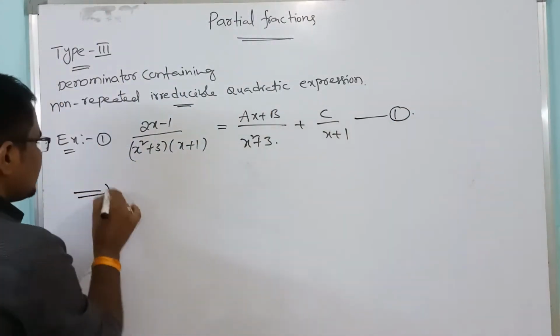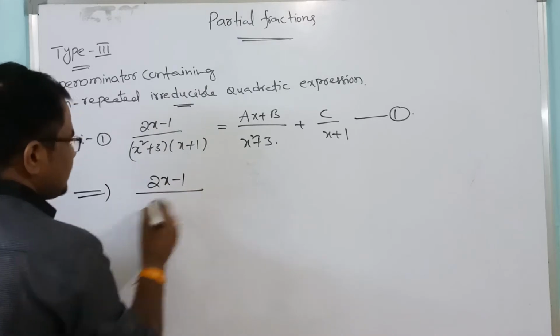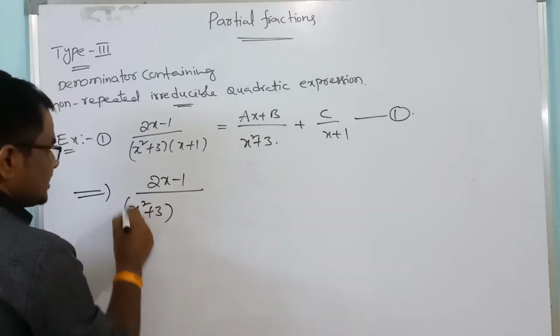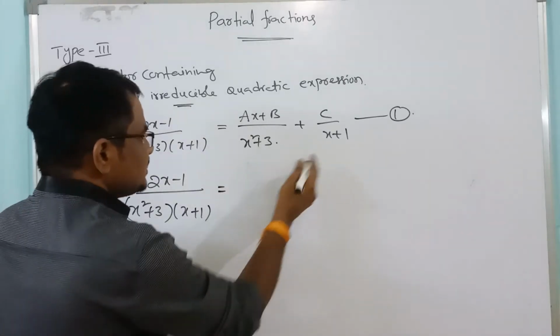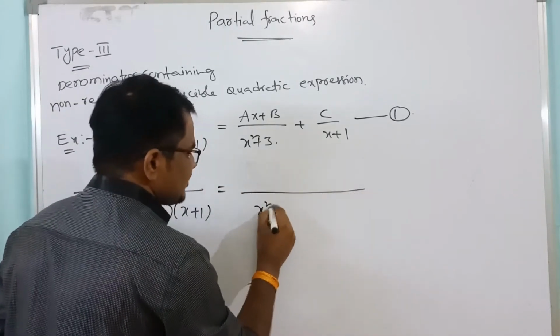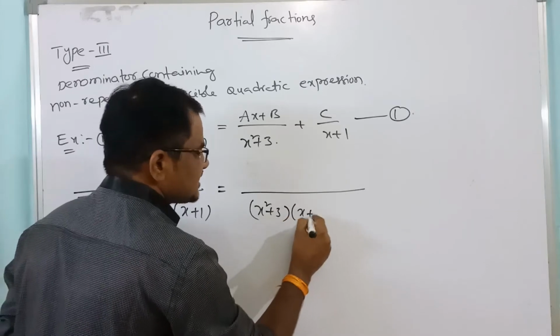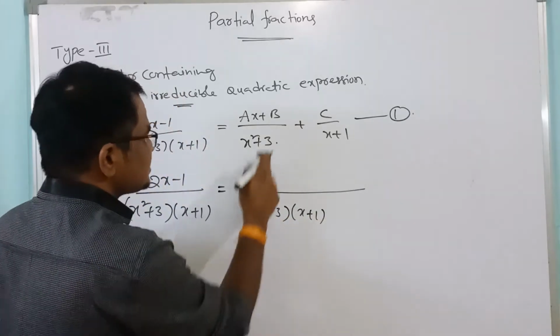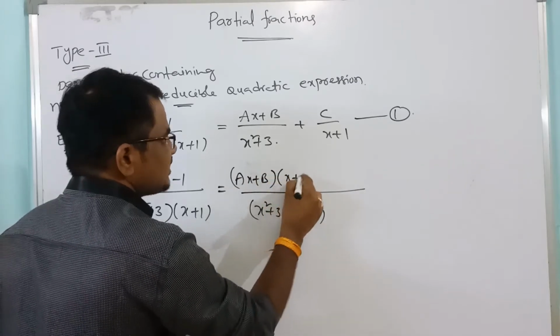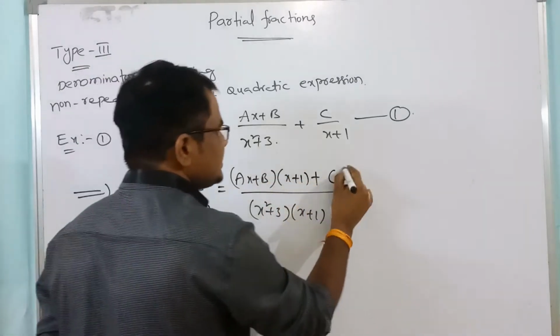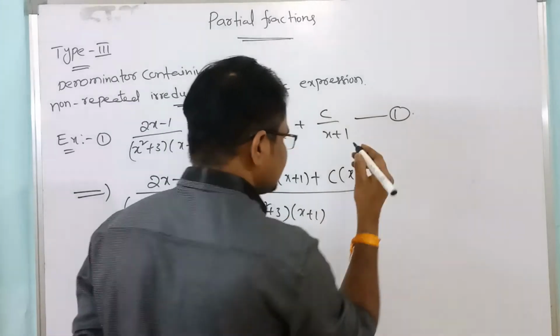So for that, what we have to do? (2x - 1)/((x² + 3)(x + 1)) equals, so take the LCM, (x² + 3)(x + 1). So this one gets cancelled. What is remaining? (Ax + B)(x + 1) + C(x² + 3).